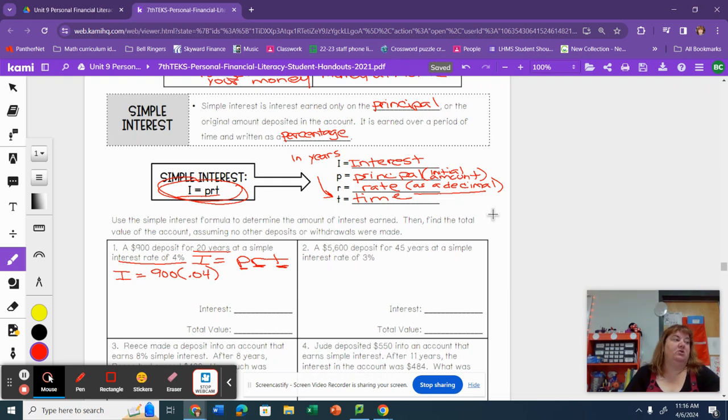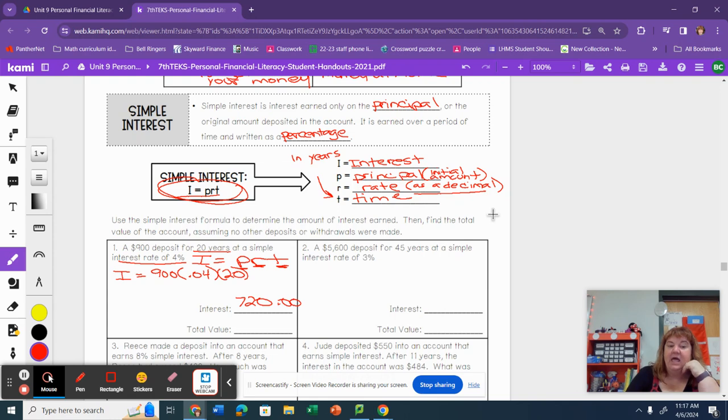So for 20 years, we're just going to go times 20. There we go. So if we just multiply that out, you can go ahead and use a calculator. 900 times 0.04 times 20 would equal $720.